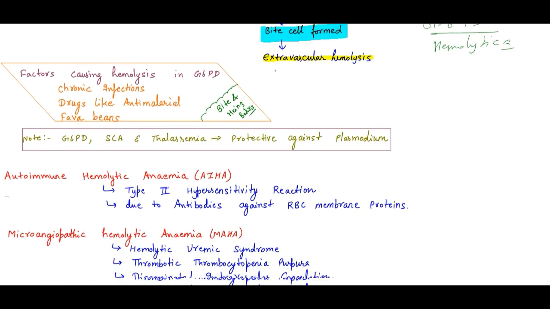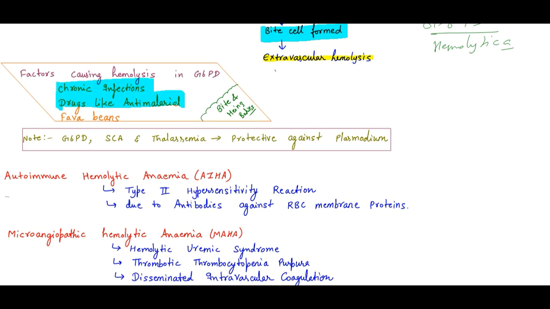Then, which factors cause hemolysis in G6PD, or which drugs are contraindicated in G6PD or hemolytic anemia? Remember, chronic infections can lead to it.